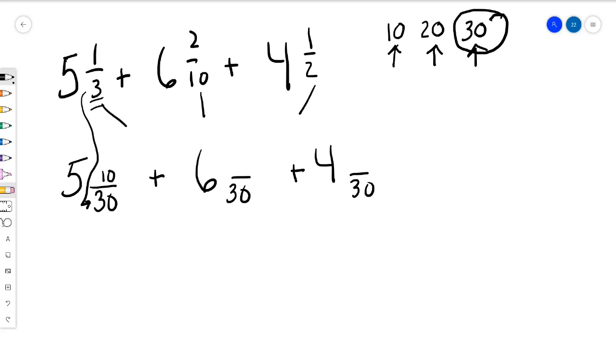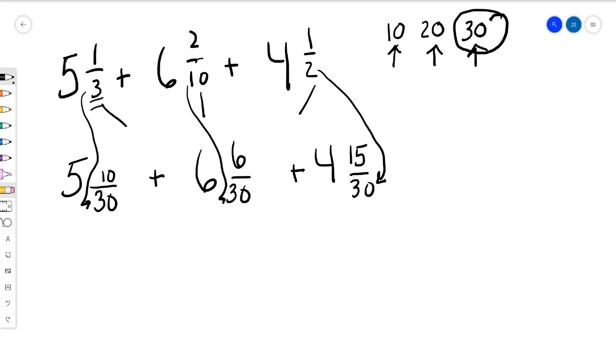Remember, whatever I do to the bottom of my fraction, I have to do to the top. What did I do to get from 10 to 30? I multiplied by 3, so I do that to my numerator. Lastly, what did I do to get from 2 to 30? I multiplied by 15, so I do the same to my numerator.